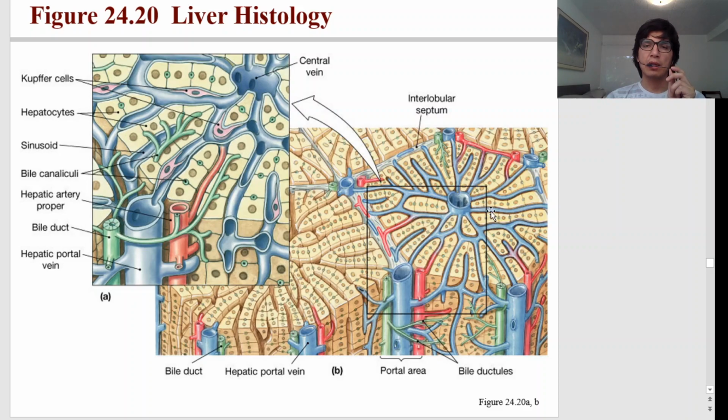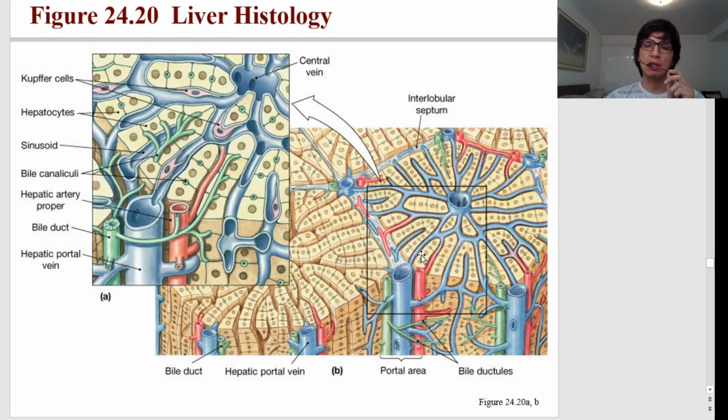So you have here a portal triad at the corner of each of this hexagonal lobule, and you have a central vein present here. Blood through the portal vein is coming from the digestive system, and blood from the hepatic arteries is also coming. This is oxygenated blood coming from the heart. This blood percolates through the sinusoids and gets in contact with the hepatocytes.